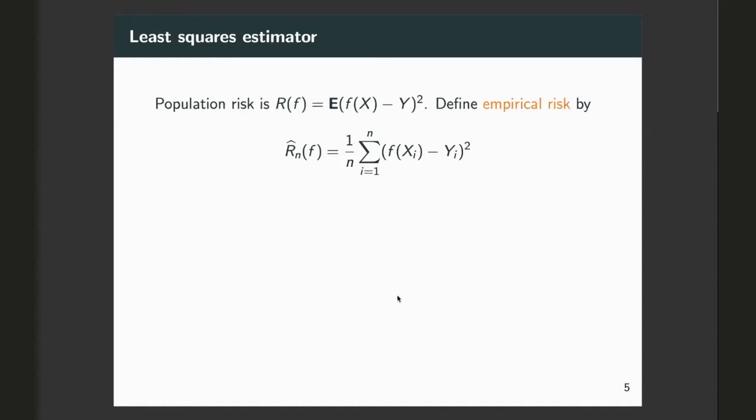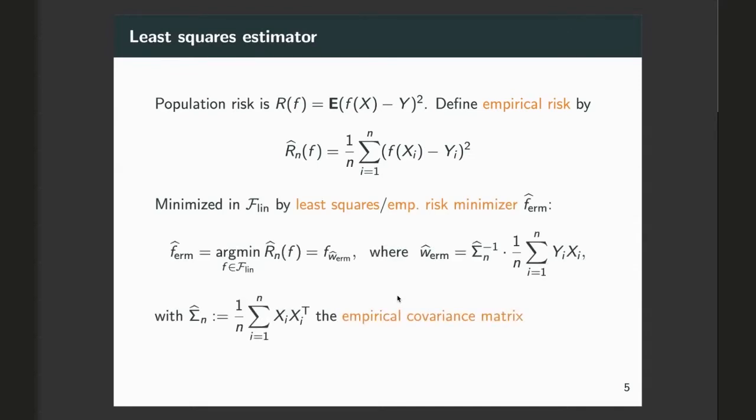The most natural and common estimator is the empirical risk minimizer. You just minimize the empirical risk over all the linear functions. It's also called the least squares estimator because it's the solution to the least squares problem.